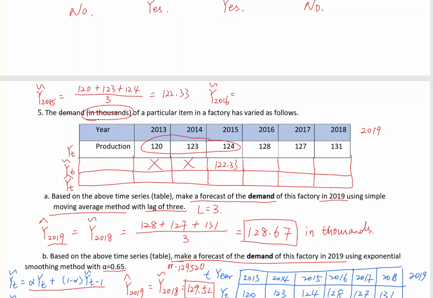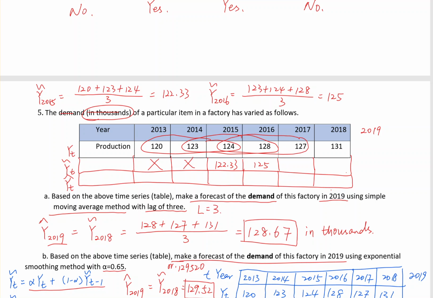And then for the next year, 2016, how can you get the estimated value? We move to the next three. So it will be 123 plus 124 plus 128 divided by 3, which is 125. Next for 2017 will be the average of these three.